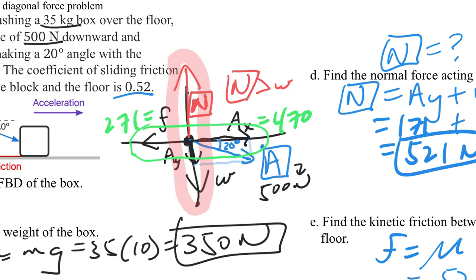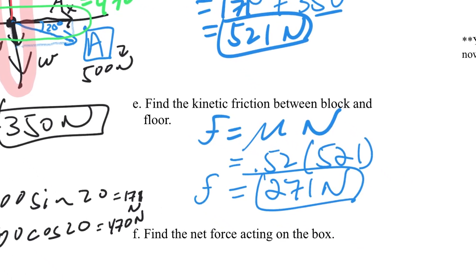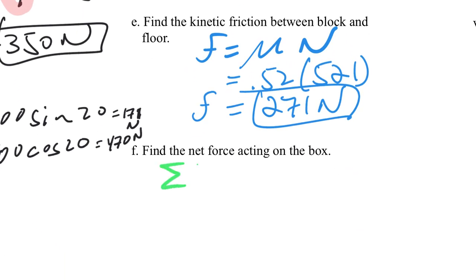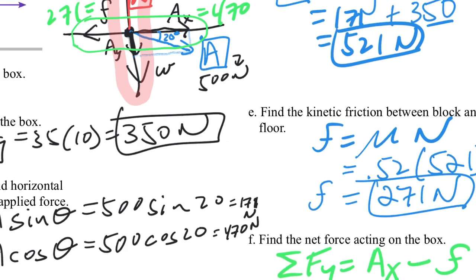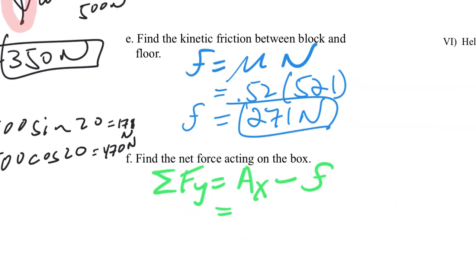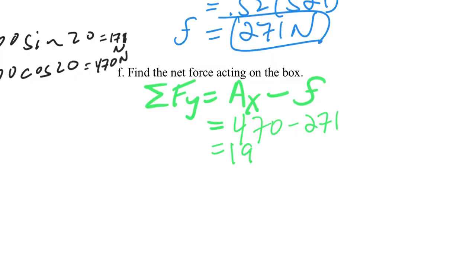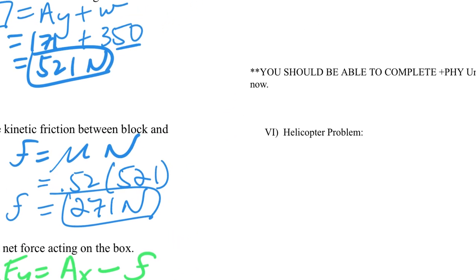So all I do is, because they're opposing each other, subtract the smaller from the bigger one. So the net force in the x direction is the bigger one, which is applied force x, minus the smaller one, which is friction. So that'd be 470 minus 271 equals 199 newtons. So that's the net force.